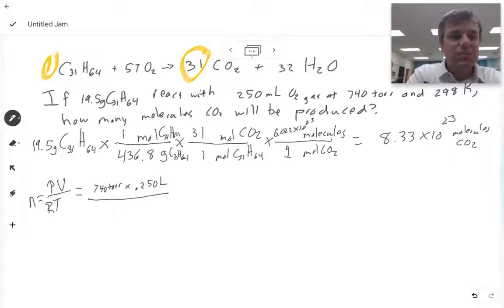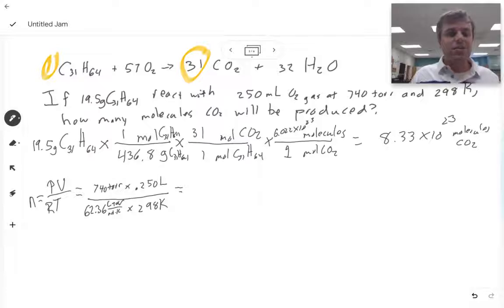The gas constant in torr, or in millimeters of mercury, the same thing, is 62.36 liters torr per mole kelvin. And our temperature is 298 kelvins. Keep in mind, if I'd given you that in Celsius, you would have to convert it into kelvins.